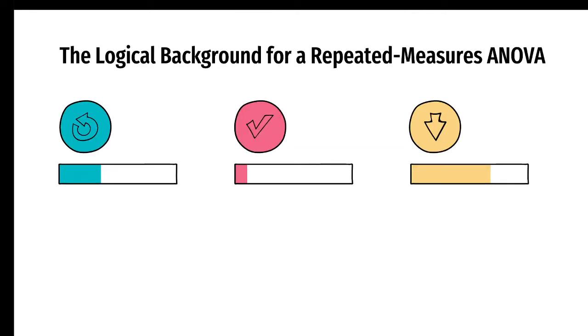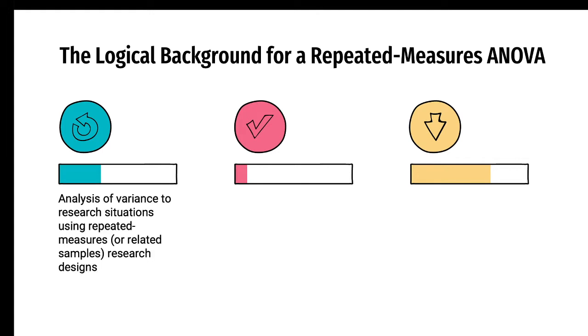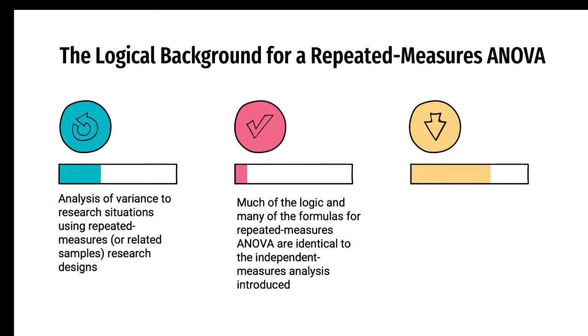The logical background for a repeated measures ANOVA, analysis of variance, is a research situation using repeated measures or related samples research designs. So we are analyzing variance through repeated measures or related samples designs.